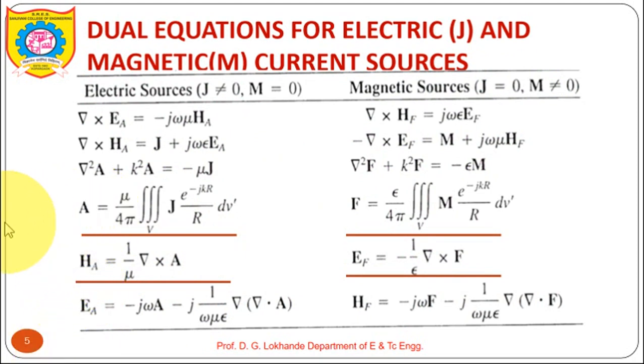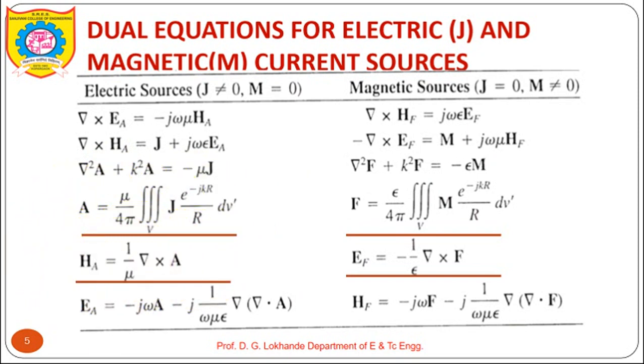These are the particular equations available when the electric source J is not equal to 0, whereas the magnetic current source is 0. The 2 important quantities we need to understand are A, the magnetic vector potential, which is the most important one, and H from A.